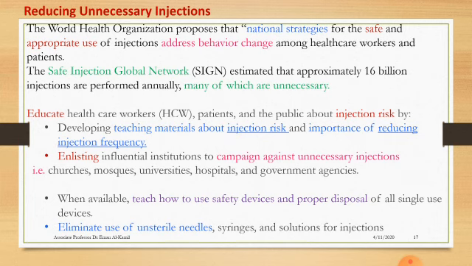When available, teach how to use safety devices and the proper disposal of all single-use devices. If it is necessary to use these injections, it is important to teach the use of safety devices. Always use sterilized equipment and the proper disposal of these single-use devices after use.